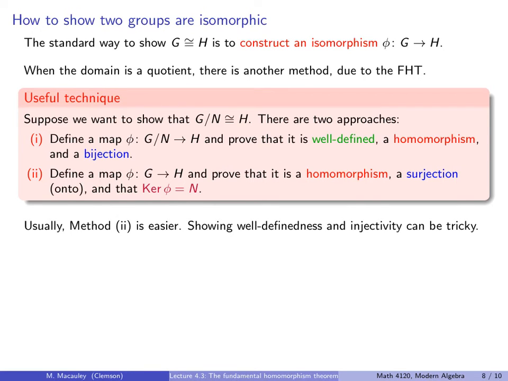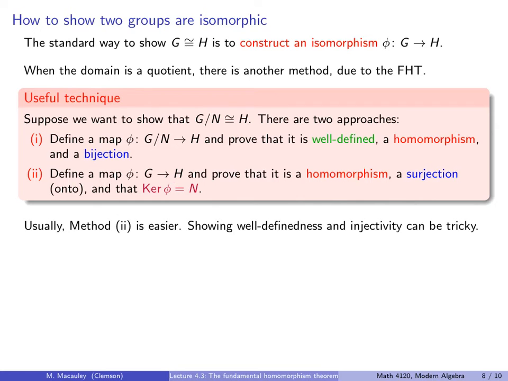So instead of defining an explicit mapping between these two groups and proving that it's a well-defined bijective homomorphism, let's define a map from G to H. So even though our domain is G mod n, the group of cosets, let's just define a mapping from G to H and prove that it's a homomorphism, prove that it's onto, and if we can construct it in such a way that the kernel is equal to n, then by the fundamental homomorphism theorem, G mod n, the kernel, is isomorphic to the image, which is H, assuming that the map is onto. And that's what we have to prove.